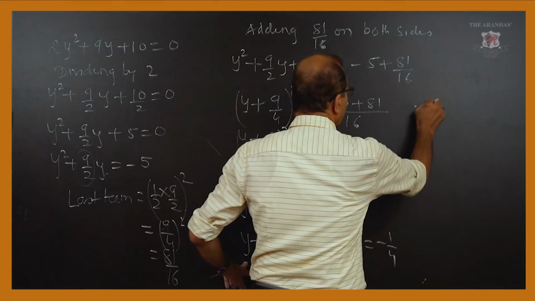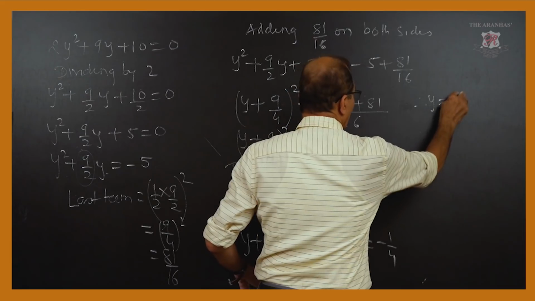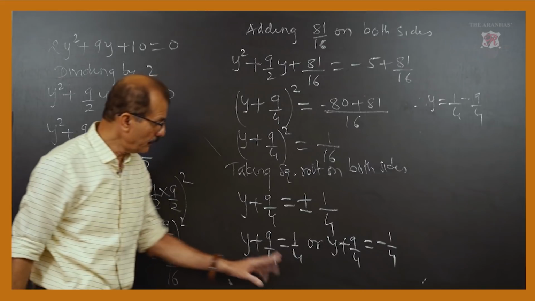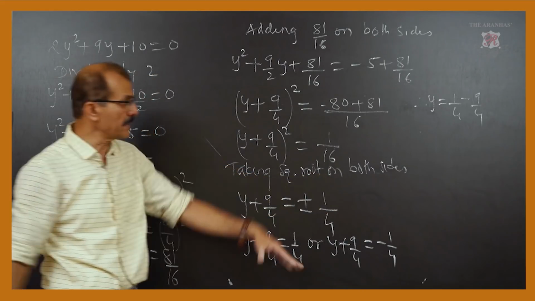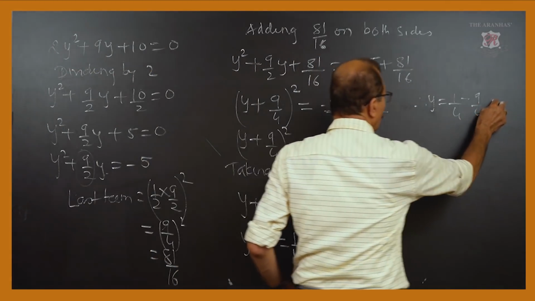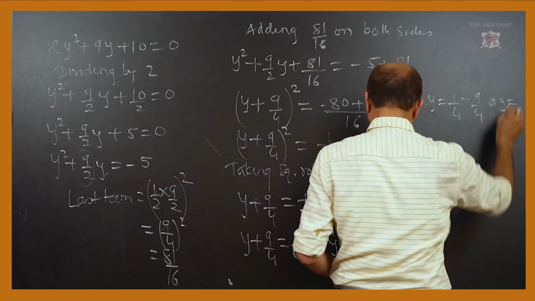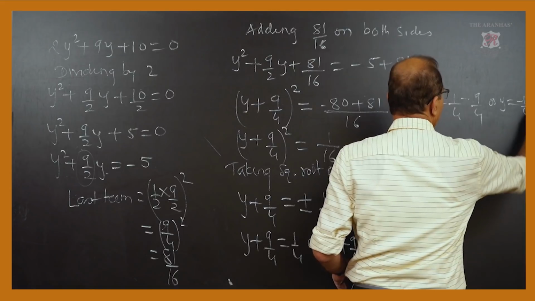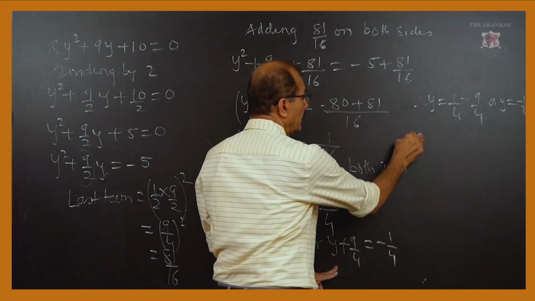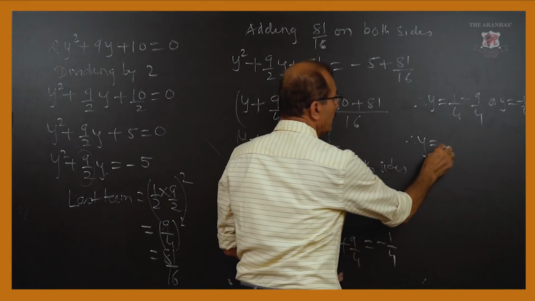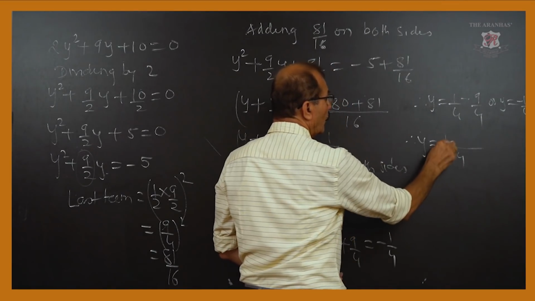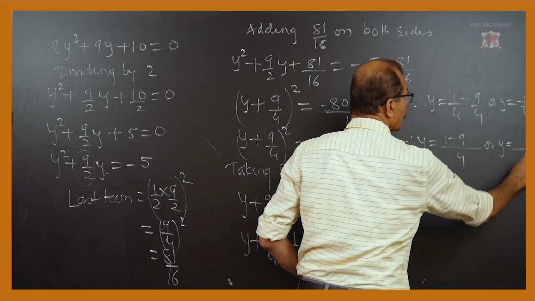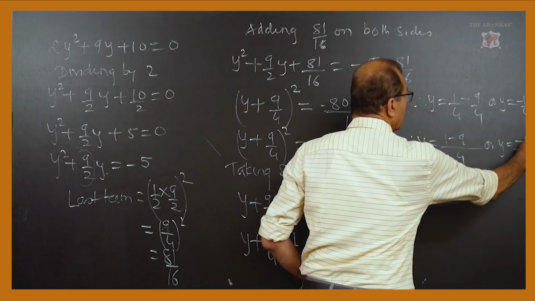So, you get here y is equals to 1 by 4 minus 9 by 4, 9 by 4 goes that side, means minus 9 by 4, or y is equals to minus 1 by 4 minus 9 by 4. Therefore, y is equals to, LCM is 4 here, 1 minus 9, or y is equals to, LCM is 4 here, minus 1 minus 9.